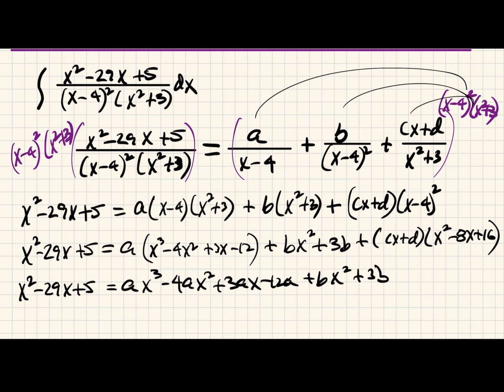Now we're going to multiply cx plus d by x squared minus 8x plus 16. That just means that we take cx, multiply it through by everything, and then d and multiply it through by everything. So let's see what happens there.